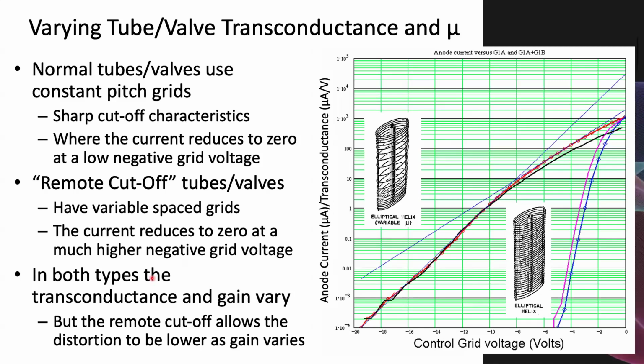In both types, the transconductance and gain vary as you vary the control grid voltage and effectively the anode current. The main reason for using remote cutoff devices is that because it's so much higher, you can get away with a much larger AC signal for the same amount of distortion if you're varying the gain.